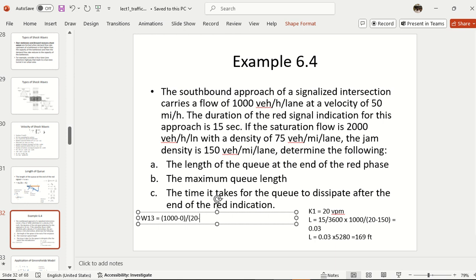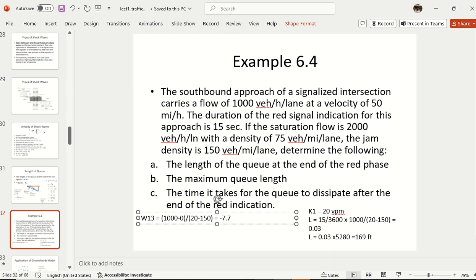When the signal becomes red, vehicles are standing very close to each other. So this is the minimum spacing they are standing at. So their density is jam density, which is 150. 7.7. This is minus. That one is vehicles per hour, and this one is vehicles per mile. So this is miles per hour.